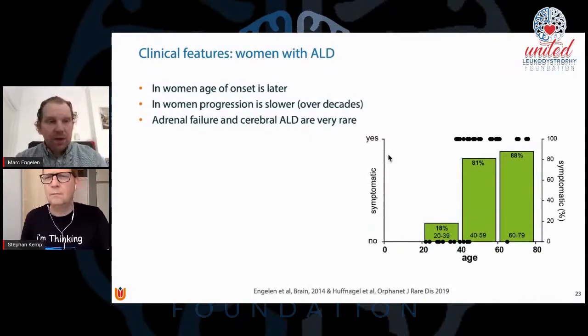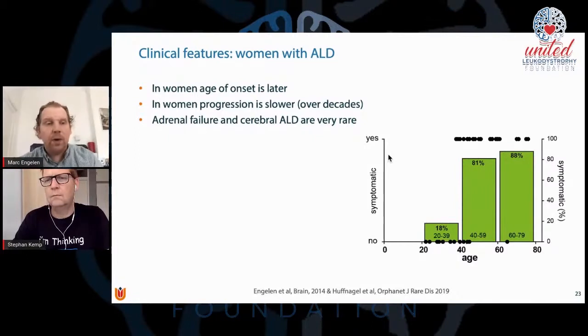Yeah, and we put in some slides on women with ALD, because women are definitely affected, but the disease is different than in men. Women only very, very rarely develop adrenal failure or cerebral ALD, but they do develop a spinal cord disease.